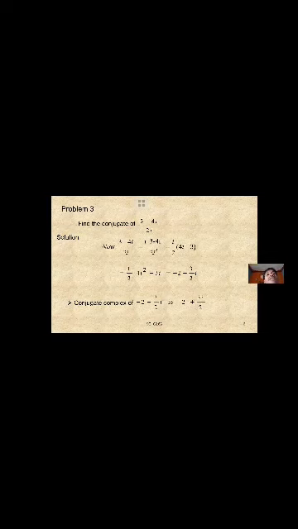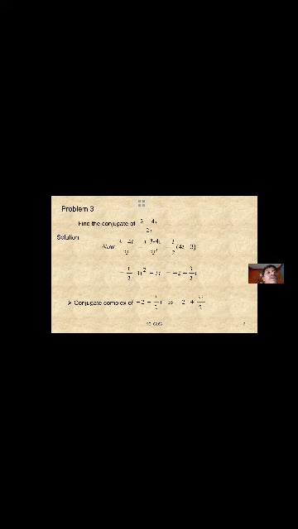See here, the question asks for the conjugate, but the question is in the form of a fraction, and in that fraction the denominator is a complex number. So first, to know the conjugate, we have to convert the given expression into the form a plus ib.